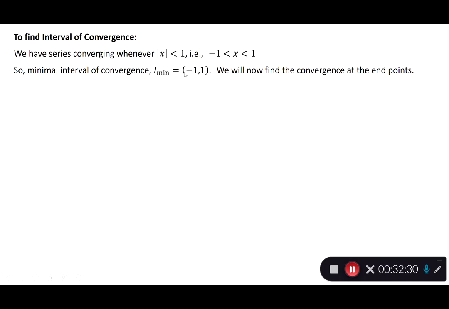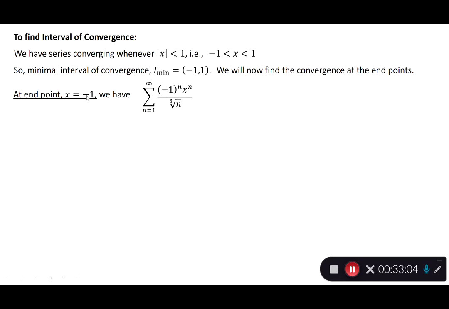So the whole idea is, once you get the minimum interval of convergence based on that inequality for radius of convergence, absolute value of x is less than 1, you need to figure out what happens on the endpoints separately. You get it? So the next thing we'll do is, at each of these endpoints, we will look at what happens to the series.